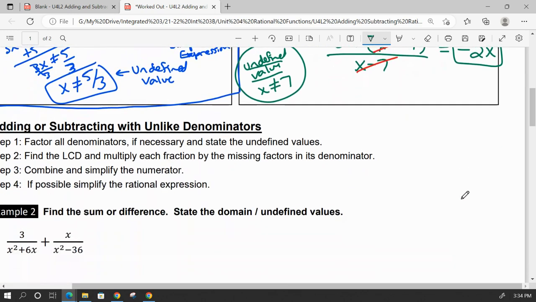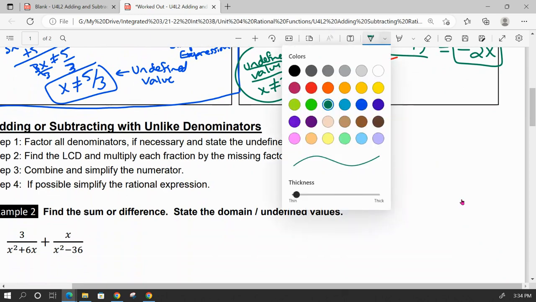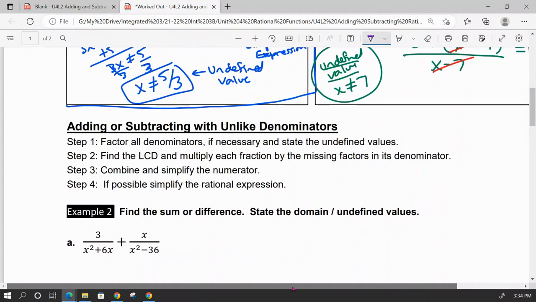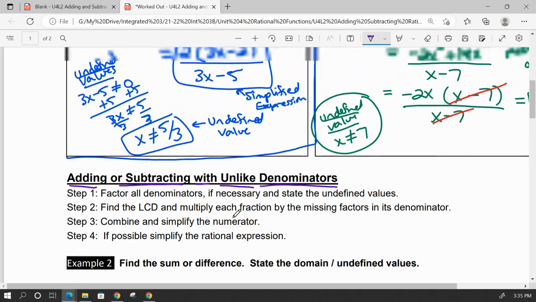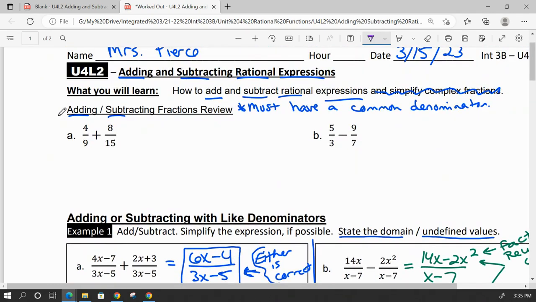Now we're going to look at things that do not have the same denominator. So adding or subtracting with unlike denominators. Before doing that, though, I'm going to go back to a couple examples that I had up here, and I'm going to show you how we're going to add and subtract these, using methods similar to what you're going to have to use.